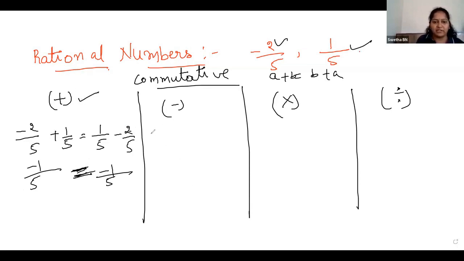Now let us do subtraction. -2 by 5 minus 1 by 5 is equal to 1 by 5 minus -2 by 5. See, which one are you going to subtract? You are going to subtract -2 by 5, so I am writing it in a bracket.